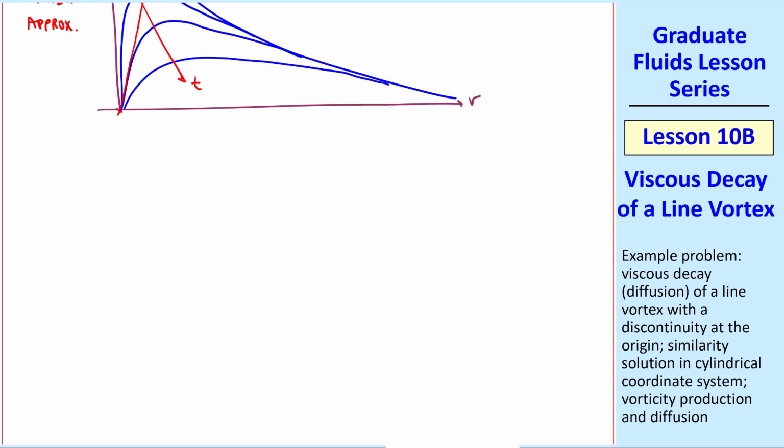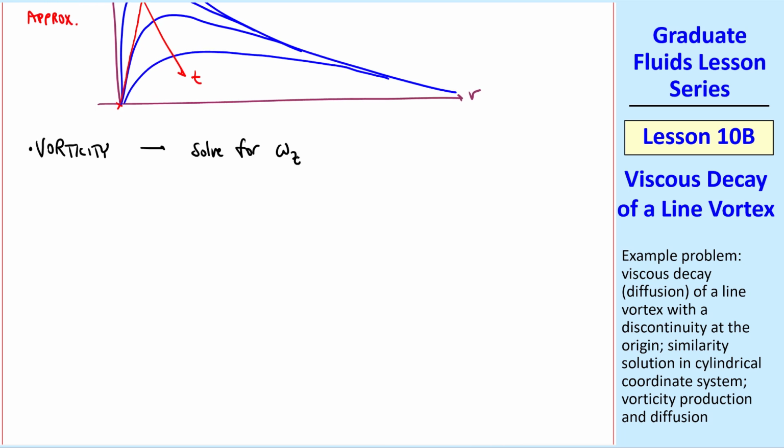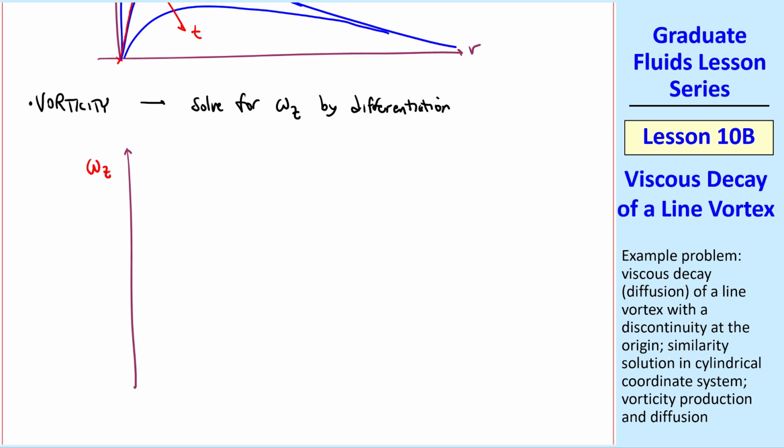Finally, let's look at vorticity. We can solve for the z component of vorticity by differentiation of the velocity field in cylindrical coordinates. I won't go through the math, but I'll plot omega z as a function of r and time. At t equals 0, there's an infinite spike of vorticity at the origin, which is a singularity.